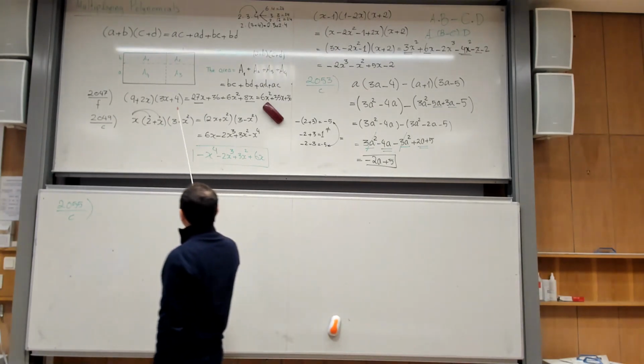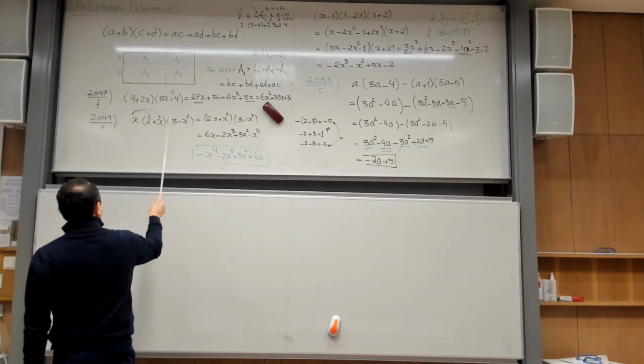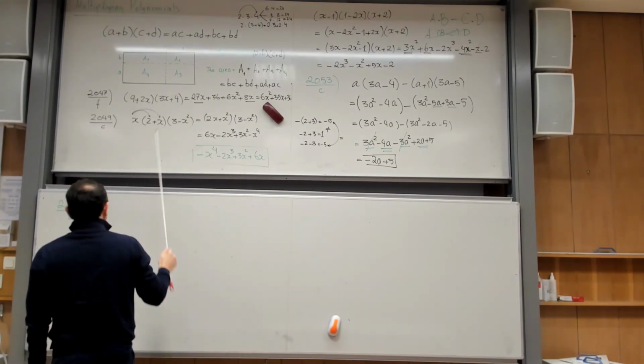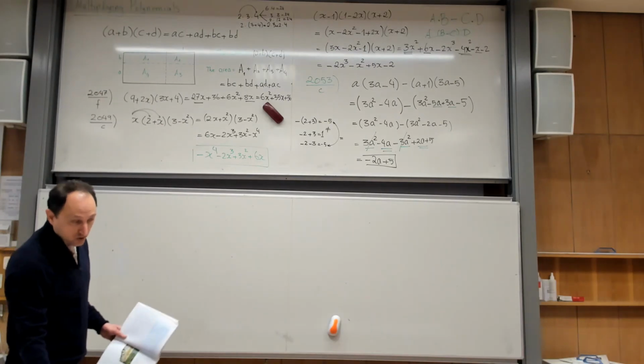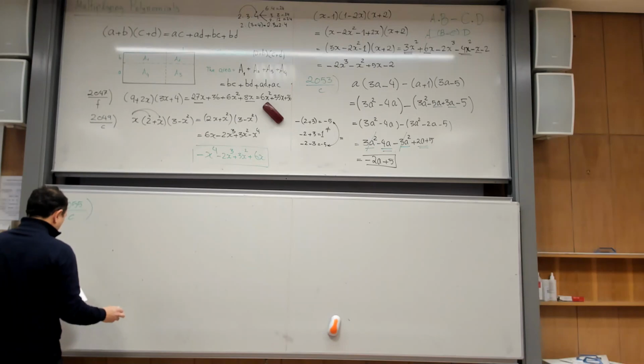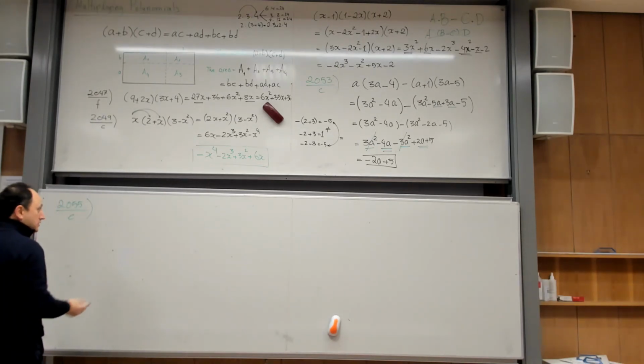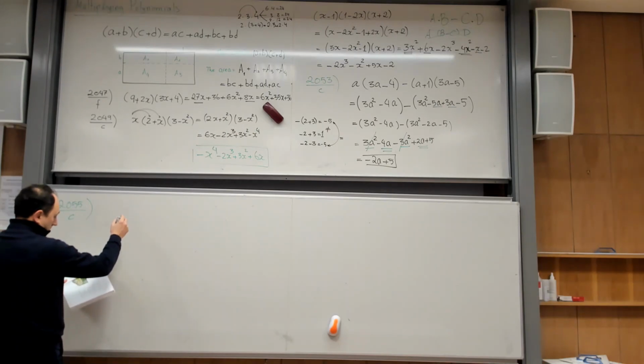Yes? This equality sign, I put it myself. This was the problem. But here, I am asking you to solve an equation. When you see this word, it means that you should expect a variable and an equality. Yes? So this is the equation.